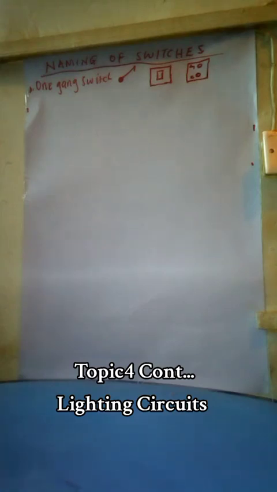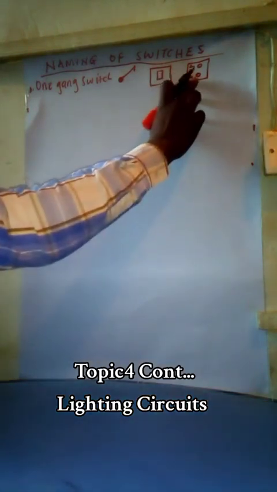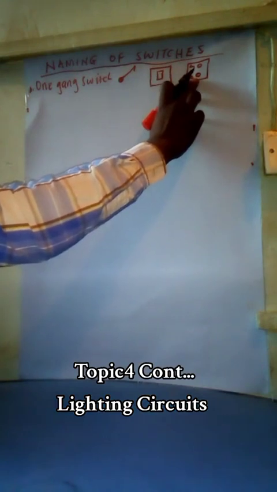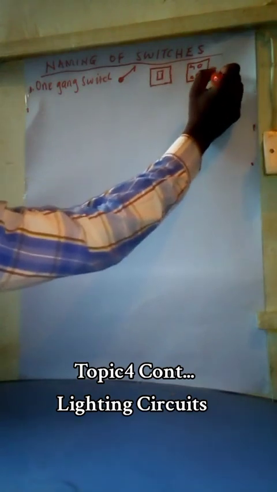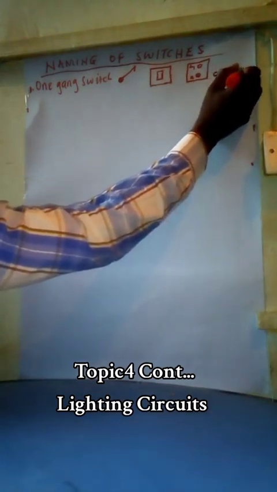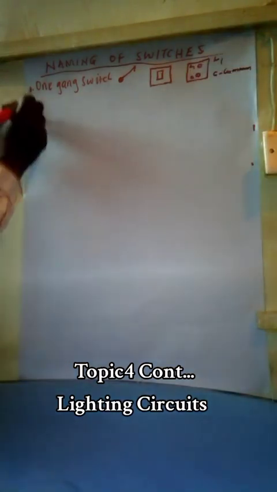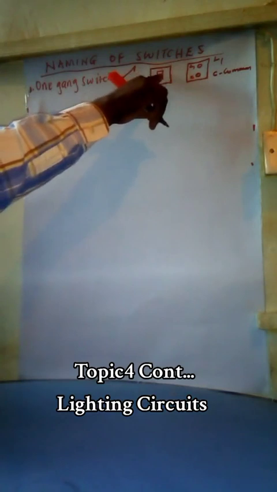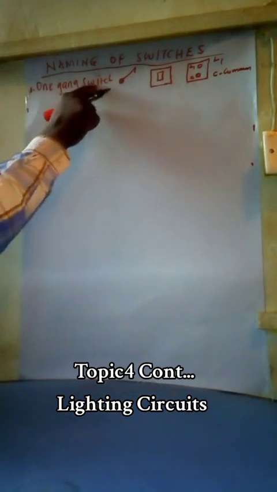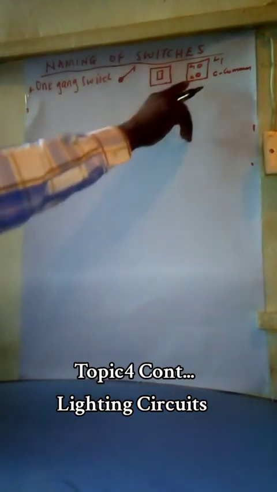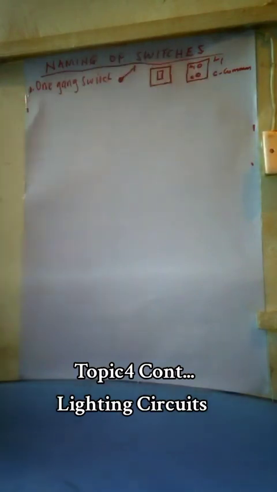For sake of clarity, we have got two terminals written C for common and L1. So remember, we have C meaning common, and L1 meaning live out. So one gang. What makes it called one gang switch is the rocker: one rocker, C common and output.